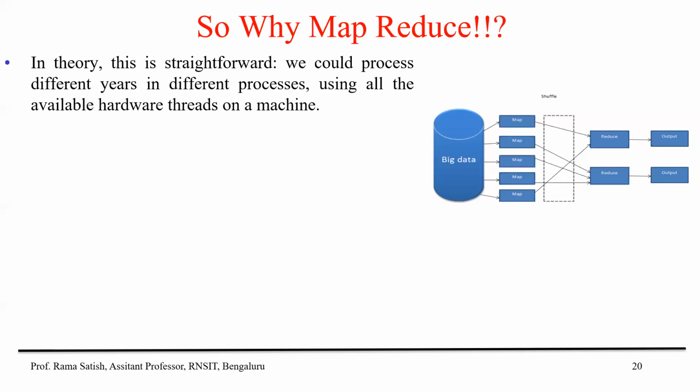Every 10 years of data is given to each mapper, and a mapper is nothing but a separate process. It creates a separate process thread, and that thread handles the entire processing.